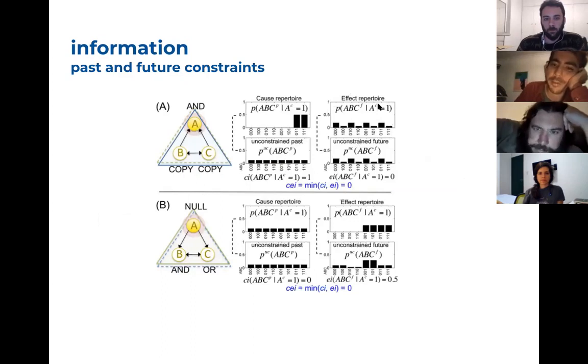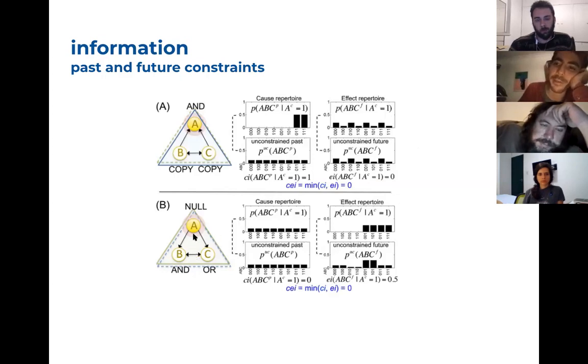So in terms of an effect repertoire, it doesn't do anything, it cannot constrain anything. So it has no effect information. And in this case, you could also have a gate which does the opposite. It's not determined by anything. It's just a random thing, a random coin that can produce effects. So in this case, it would have high effect information, but no cause information.